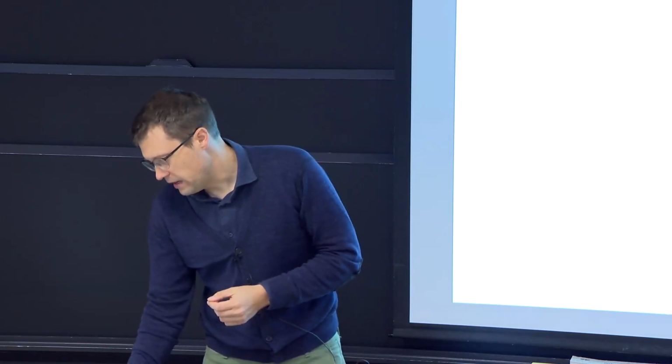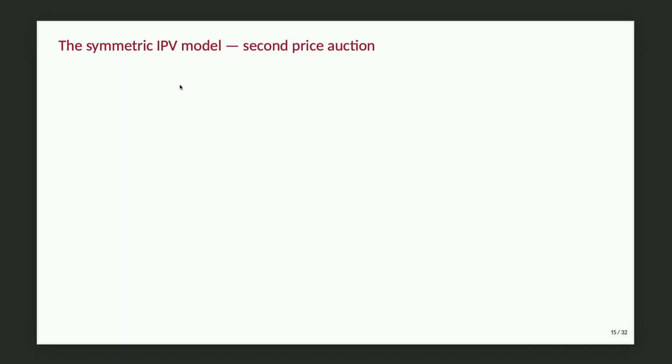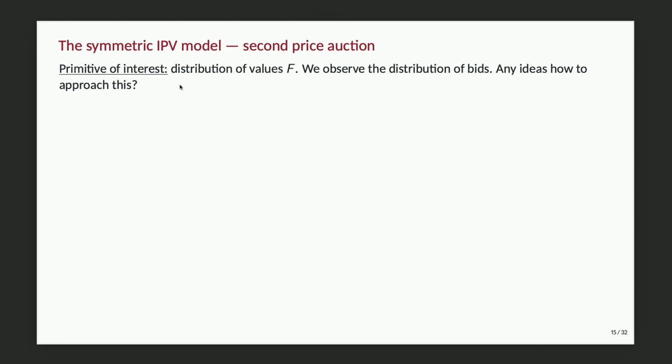Just a very, very simple example for this. Think about a second price auction. Again, for auctions, we're typically interested in learning the distribution of valuations. Let's say we assume that the bidders here are playing the weakly dominant strategy of bidding their own valuation.